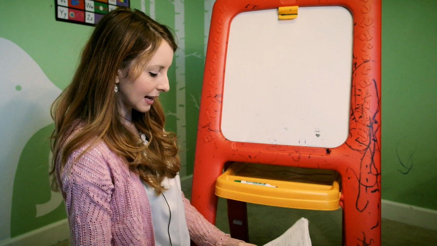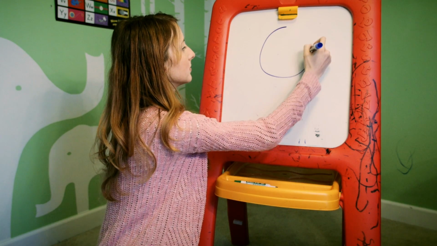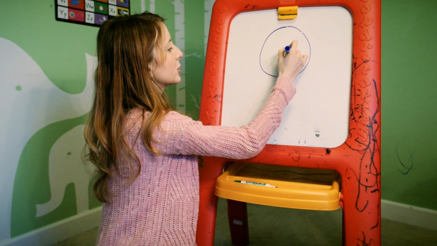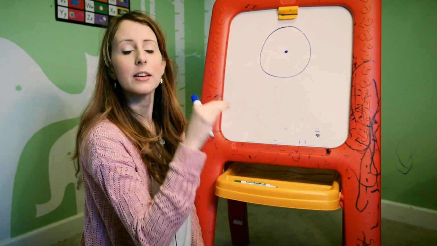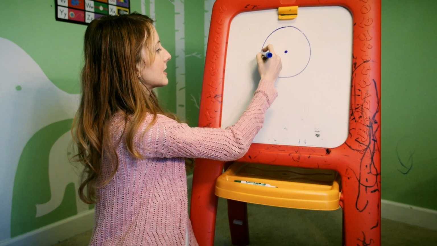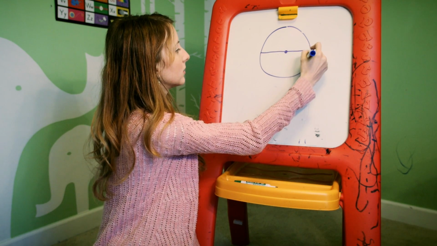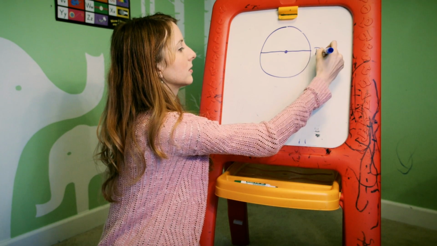All right, we learned last week that if you have a circle with center and you draw a specific type of chord that travels through the center of the circle and has its endpoints on the circle, that particular length is your diameter.